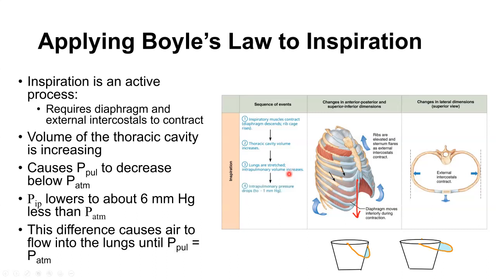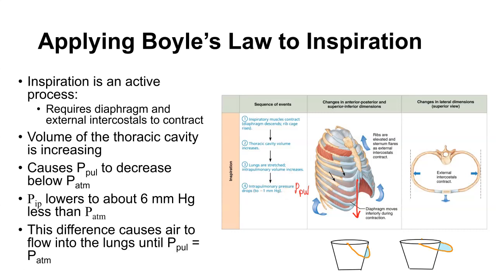Because their volume is increased, our intrapulmonary pressure, or intra-alveolar pressure, remember? This is the pressure that's inside the lungs. It's going to drop to 1 below atmospheric pressure, okay?